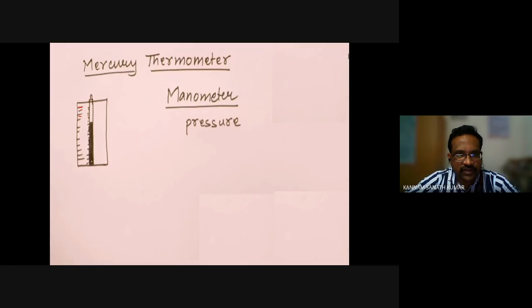Depending on the temperature, the mercury level will increase or decrease. That means the temperature is converted into the length of the mercury. Through the indication of the mercury, we can find out how much temperature the body has. That is how a mercury thermometer works.